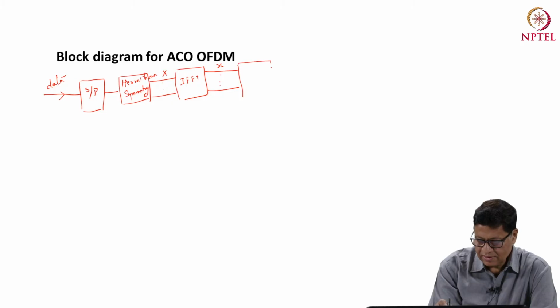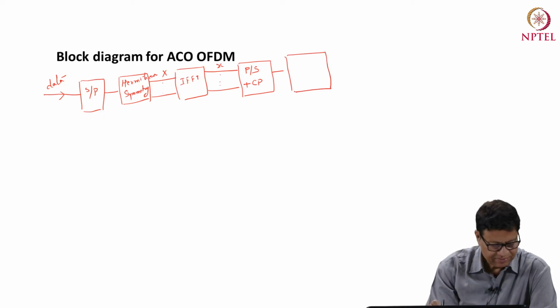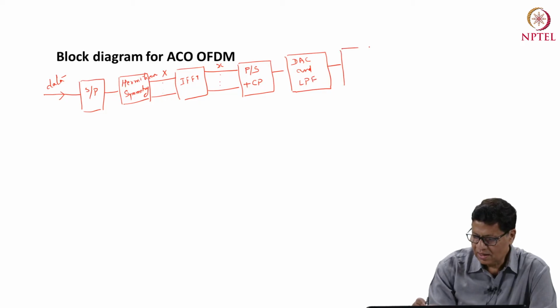And then parallel to serial, and we also add cyclic prefix. And once you have this signal, you have digital to analog converter and LPF, a low pass filter, and then there is a hard clipping here, zero clipping.